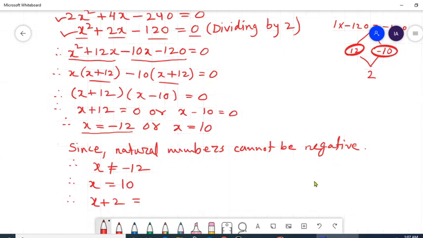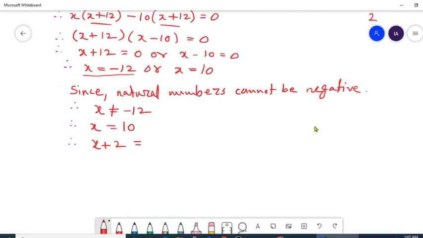So if x is 10, x plus 2 becomes 10 plus 2, that is 12. So my required numbers are 10 and 12. You can write your final answer as: 10 and 12 are the required numbers.